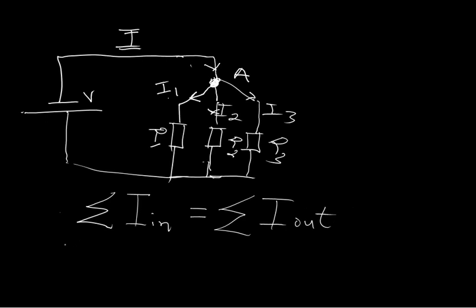So I is the current entering junction A, and it is equal to the sum of the current leaving the junction, which I will have to sum: I1 plus I2, then plus I3. So this is Kirchhoff's current law. I hope that makes sense.